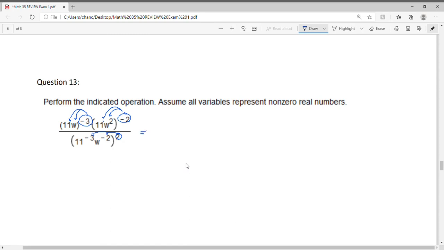So let's simplify this. This is 11 raised to the -3, w to the -3, 11 raised to the negative 2 and w raised to the negative 4. On the bottom we have 11 raised to the negative 6 and w raised to the negative 4.